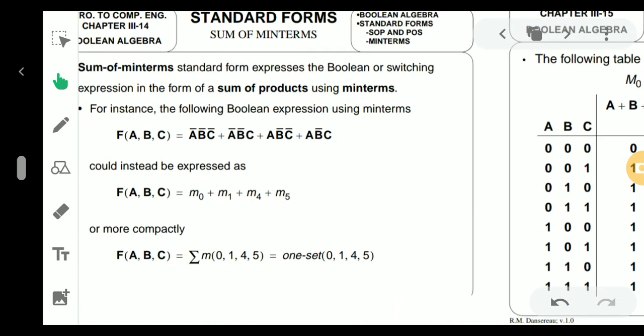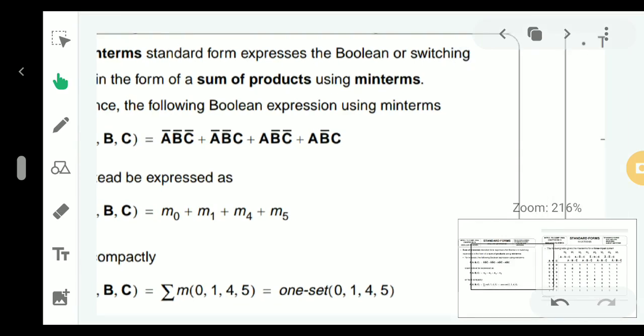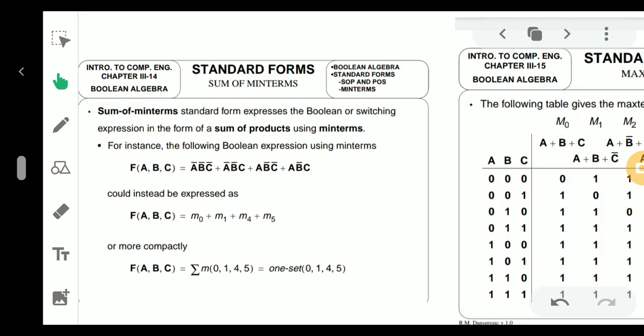Then M signifies a min term. This is a summation of the min terms 0, 1, 4, 5. In this way, this expression can be written as a sum of min terms.